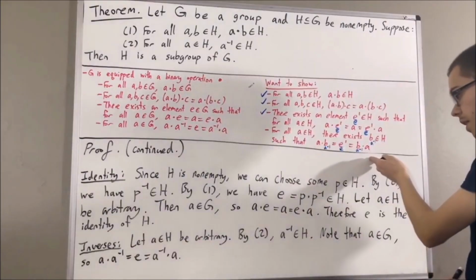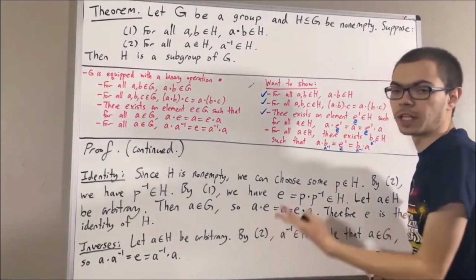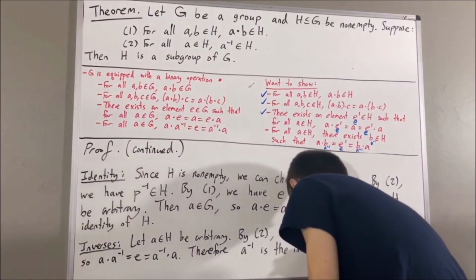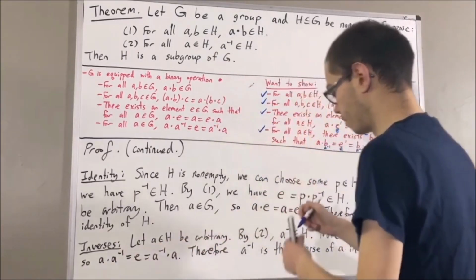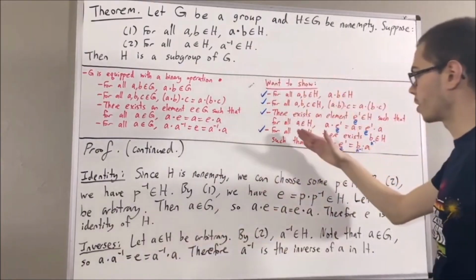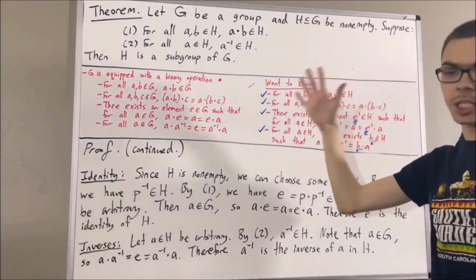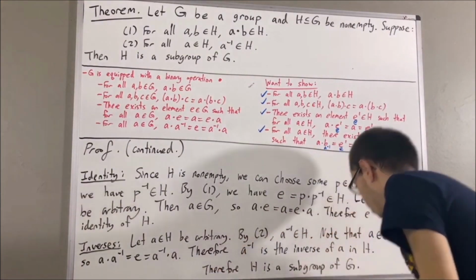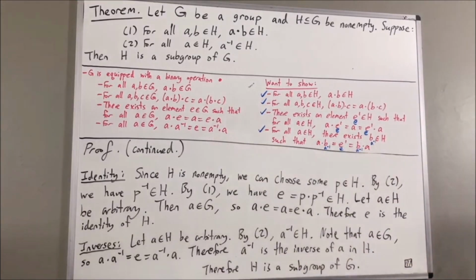So this shows that the inverse that A has in G must also be the inverse that A has in H. So that verifies the last condition. So this tells us that H satisfies all the requirements to be a subgroup of G, and therefore H is a subgroup of G. And so this completes the proof. And so yeah, that's pretty much it for this video.